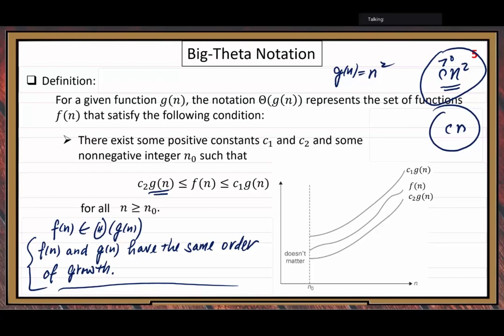With this understanding of the category, you can see the upper bound, C1 multiple of the g function, and the lower bound, C2 multiple of the g function. No matter how large C1 is or how small C2 is, these two functions belong to the same category, because each is a constant multiple of the g function. So the upper bound and lower bound belong to the same category.